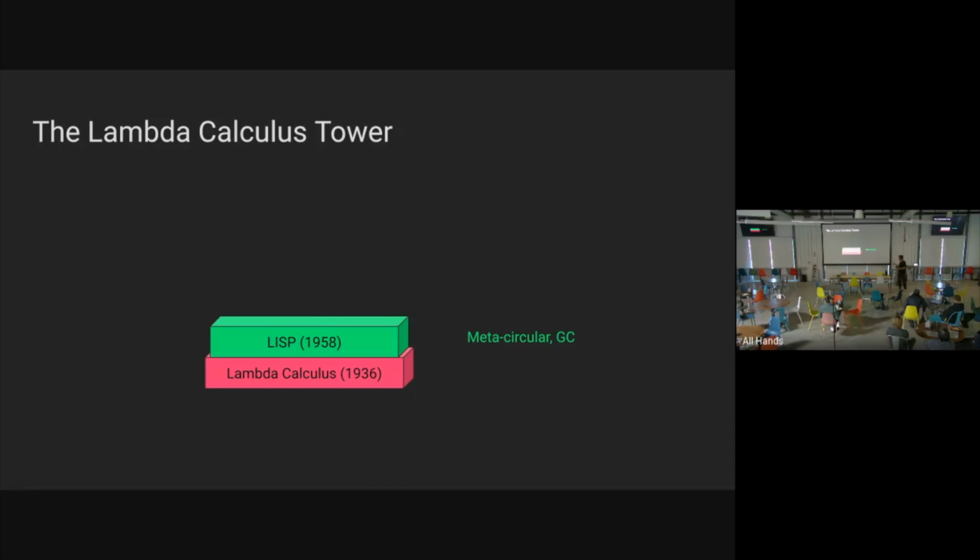And he created this language called Lisp. And basically the implementation of Lisp is in Lisp itself. And because he was a mathematician, he had no need to actually implement it on a real computer. And so this was sort of the first example of what we call a metacircular construct. So the construct is defined in terms of itself and is fully self-containing.